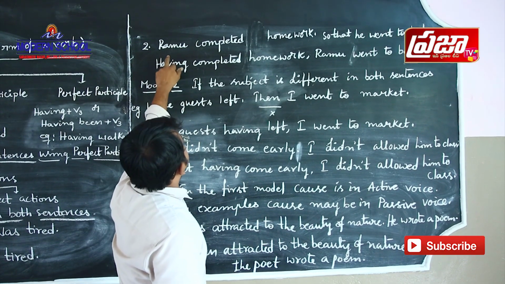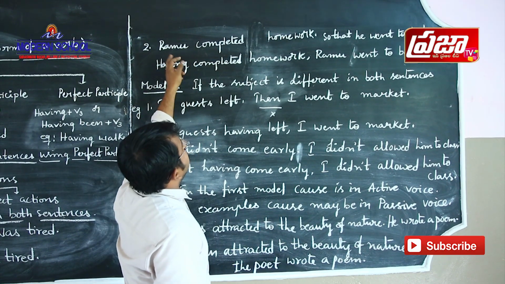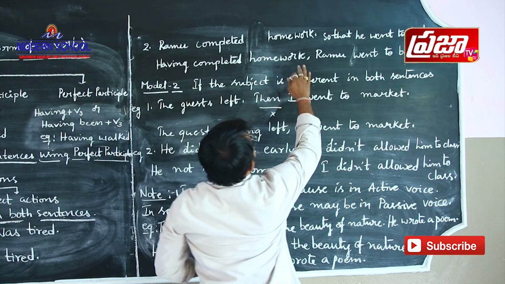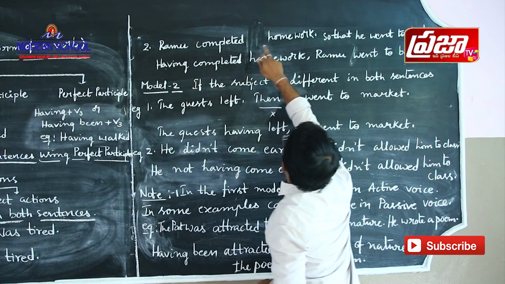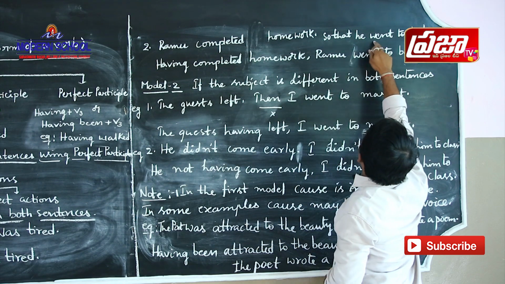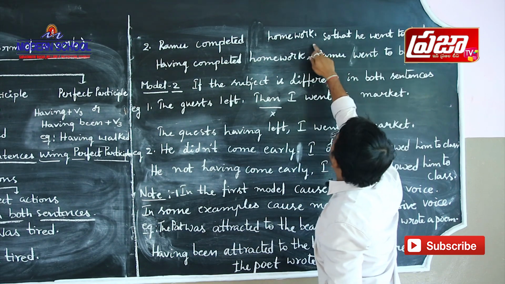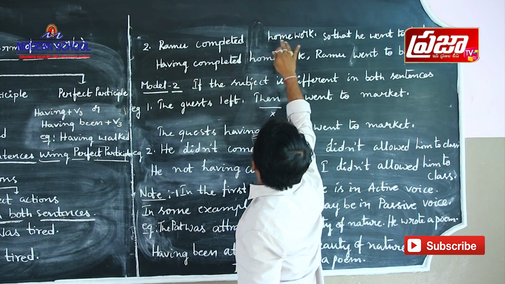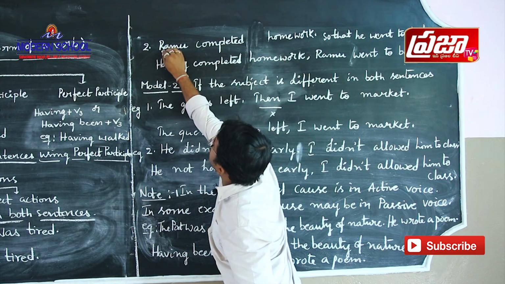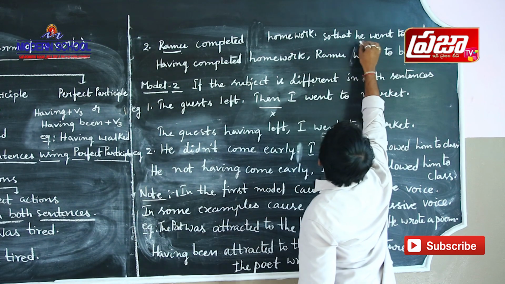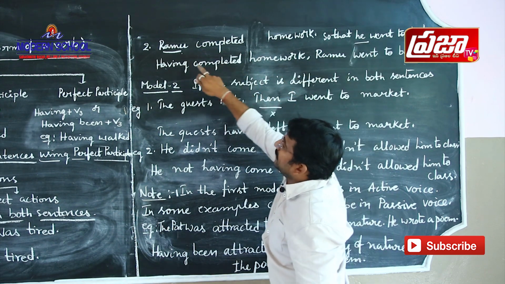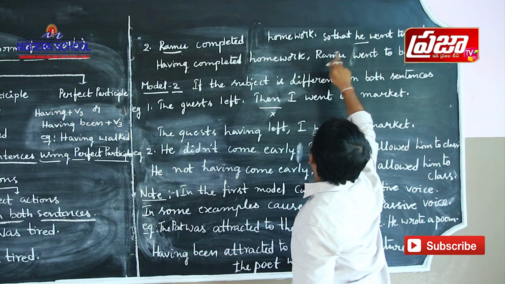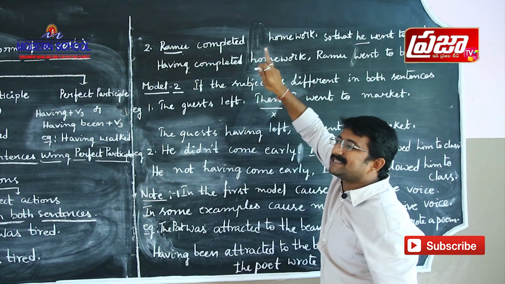If you take this second example, even in this second example, there are two sentences here. Ramu completed homework so that he went to bed. Here Ramu is the subject, and he is the subject. So here Ramu noun and he pronoun refer to the same person.